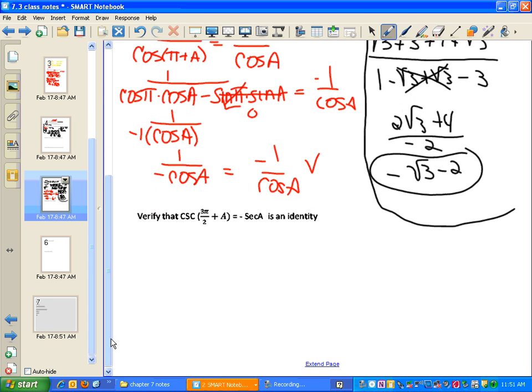All right, verify that the cosecant of 3 pi over 2 plus a is equal to negative secant of a. And then we're just proving that it's an identity. So again, cosecant is 1 over the sine. So 1 over the sine of 3 pi over 2 plus a equals 1 over the cosine of a, and it's negative.